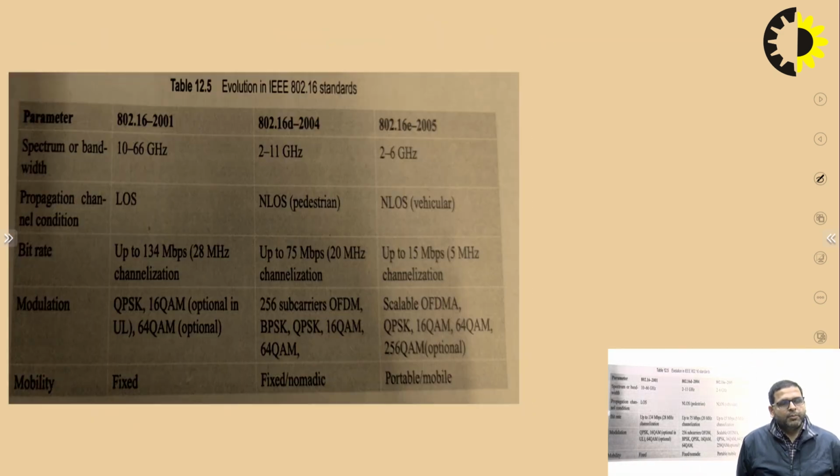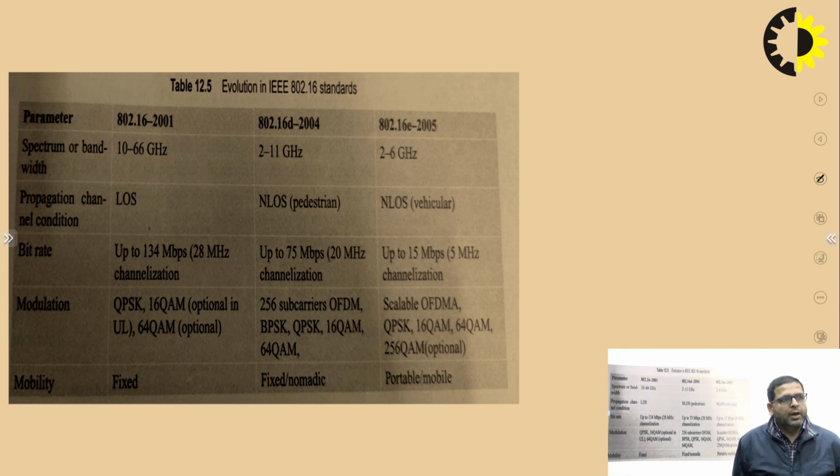Now we can compare the previous standard with the modern one, and we can see that gradually we are enhancing the capability of WiMAX technologies in terms of range, data rate, and other factors.